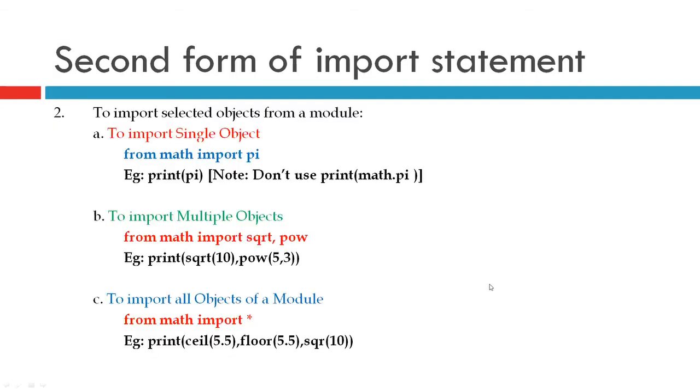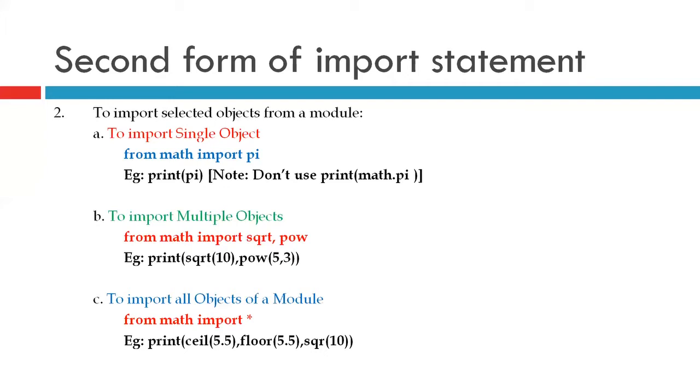Let us discuss the second form, namely importing selected objects from a module. If my intention is not to use all the objects, I will choose this method, namely from. From which module? The module I am going to use is math.